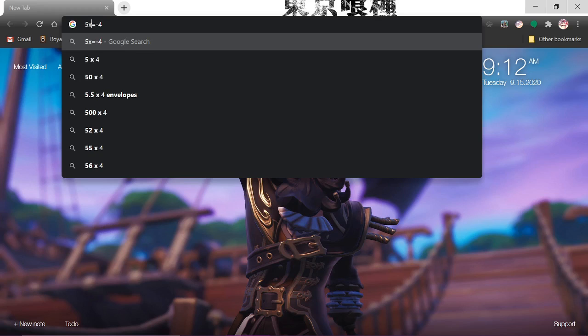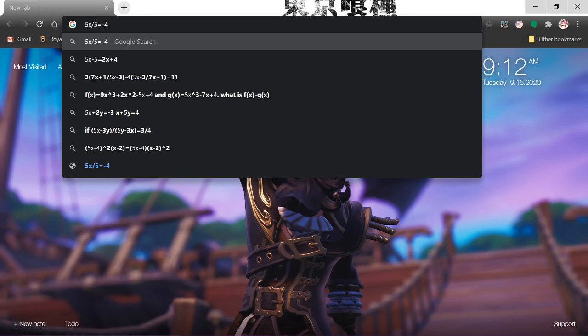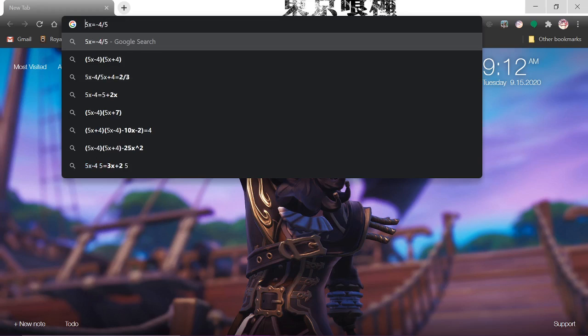So you're going to divide it by 5, so you get x, but you also have to divide this side by 5 too, and so the answer is x equals -4/5. That's how you solve it.